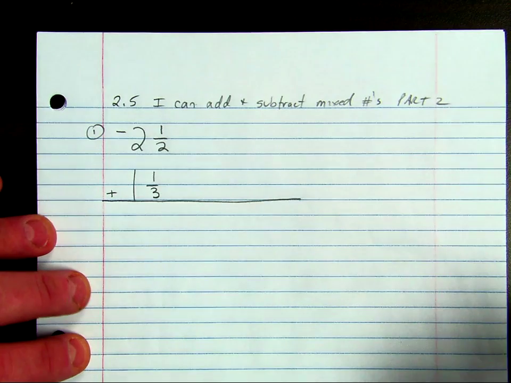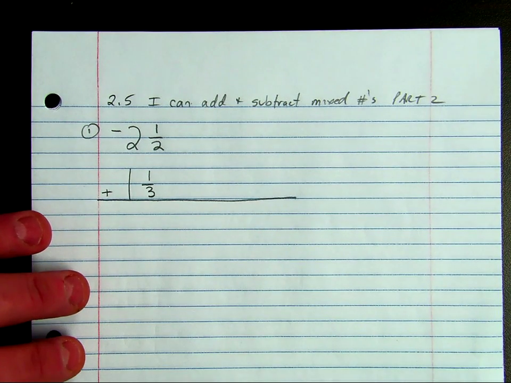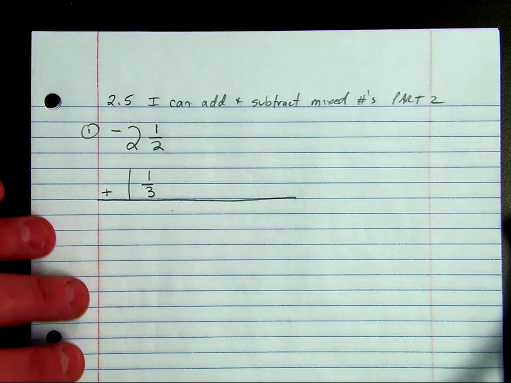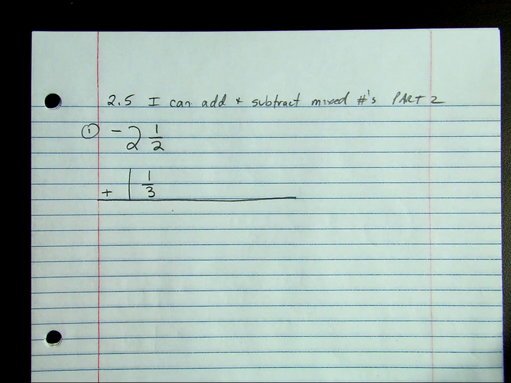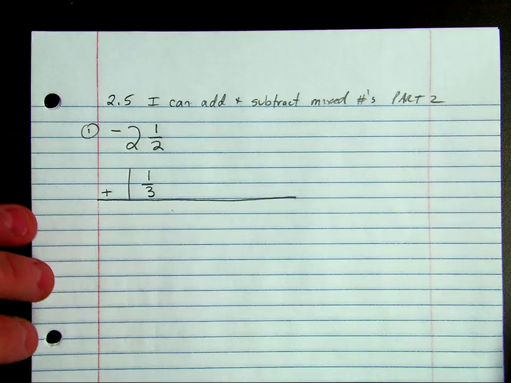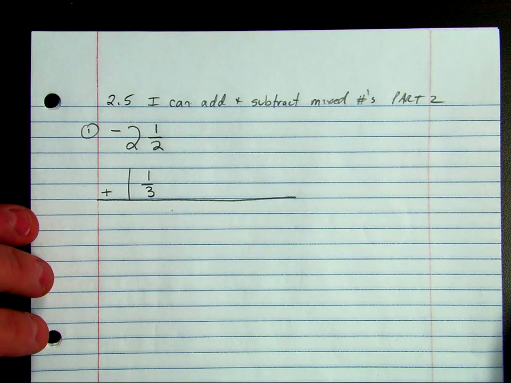Now, I'm going to show you first how textbooks teach you to do this. The textbooks are going to tell you to turn these into improper fractions. Do you remember how to turn these into improper fractions?